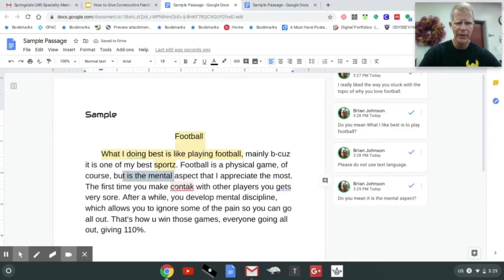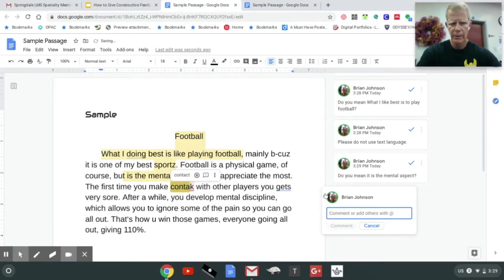The first time you make contact with other players, you get very sore. So I think when I'm saying contact, oh, there it is. And you can see it gave me the correct spelling there. Let's say spelling contact. That's how you spell that word.